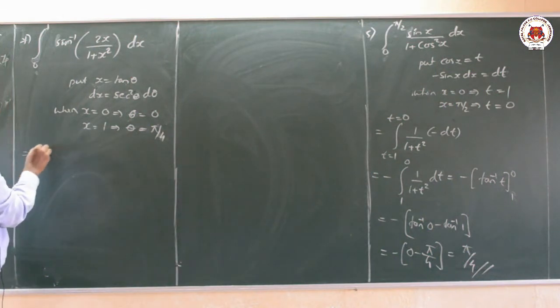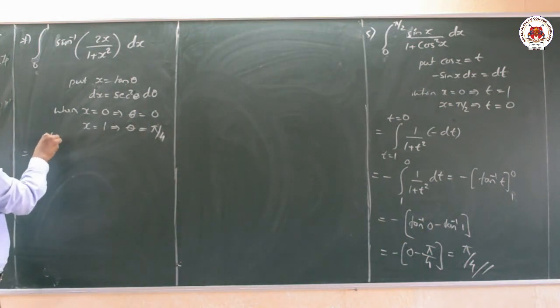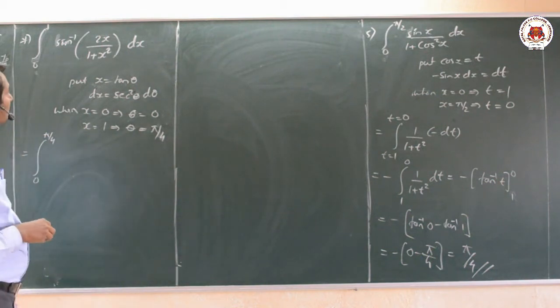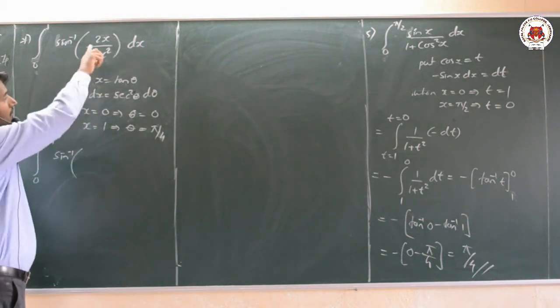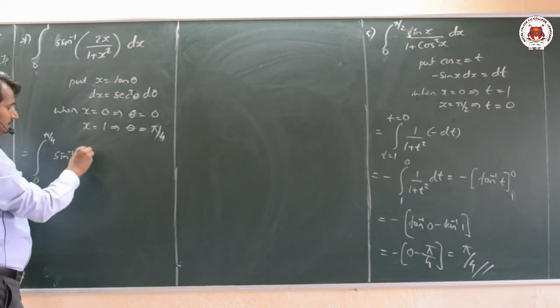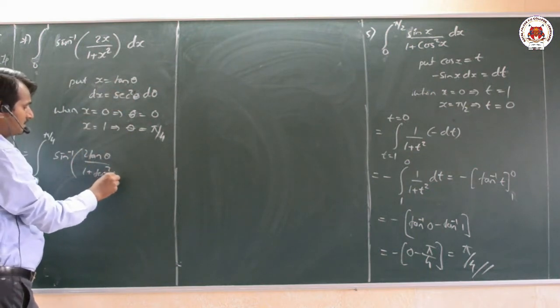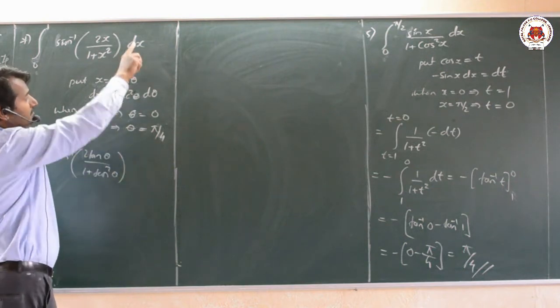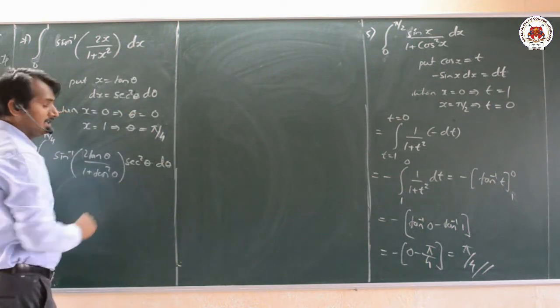So what we get is the integral with limits 0 to pi by 4 of sine inverse of 2 tan theta divided by 1 plus tan square theta, into dx, which is secant square theta d theta.